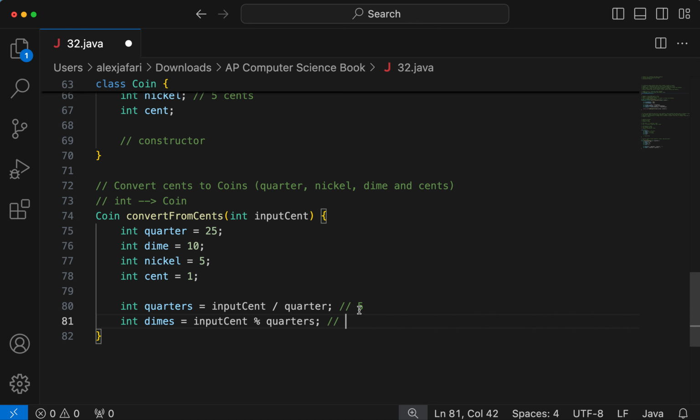So this is going to be 135 divided by 25, which gives us 5.